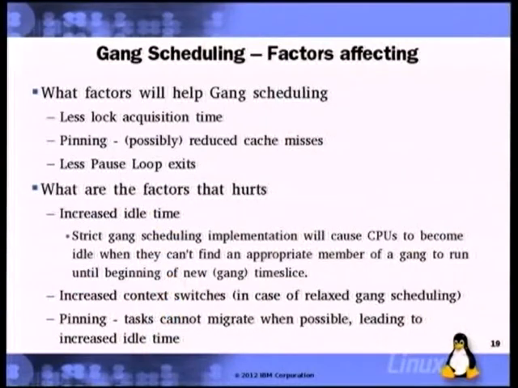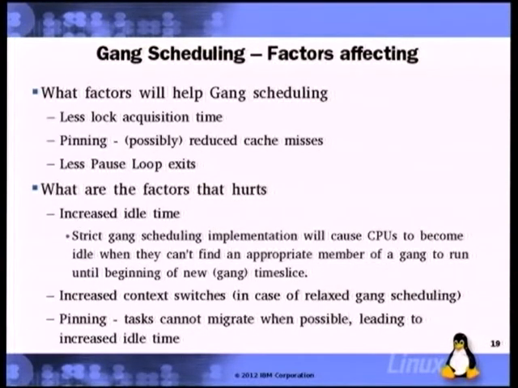Moving on to the factors that will benefit gang scheduling. What we saw earlier was lock acquisition time, where we saw kernbench spending a lot of time doing lock acquisitions. Next is pinning.